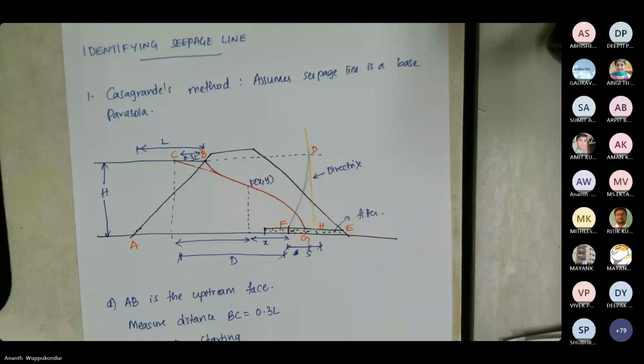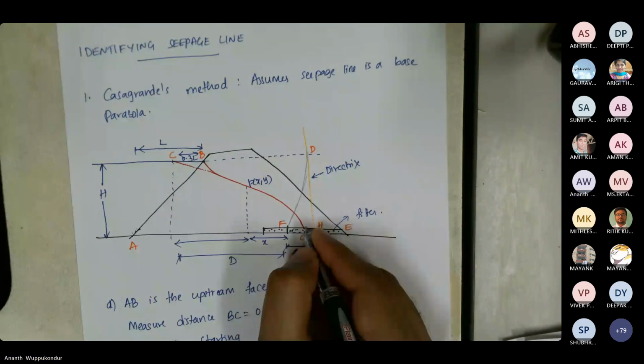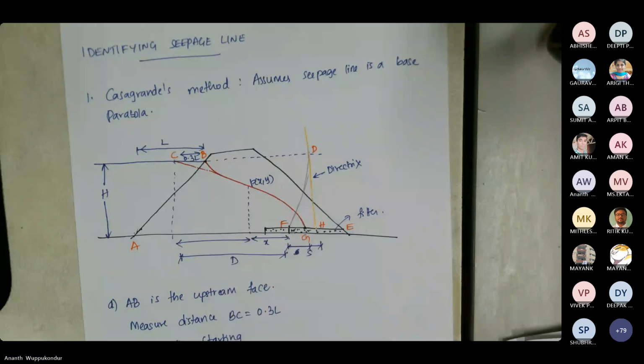Now, this shape is assumed to be parabolic. And based on this assumption, we are going to identify the point where the seepage line is going to exit the dam.